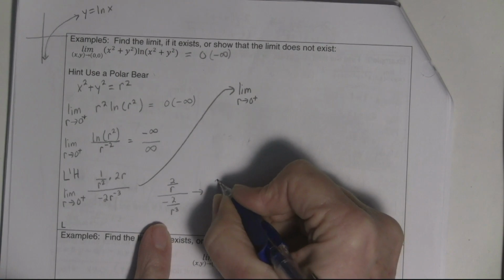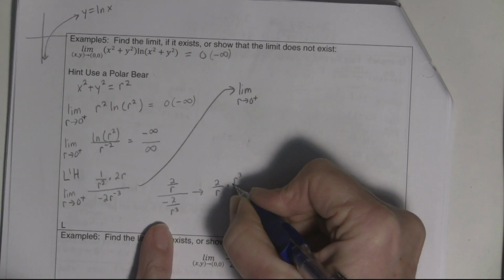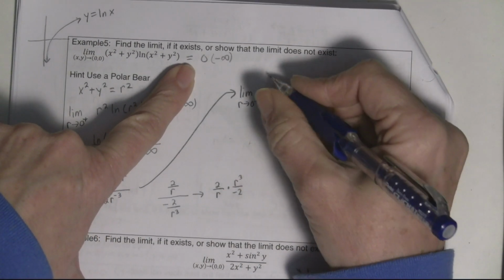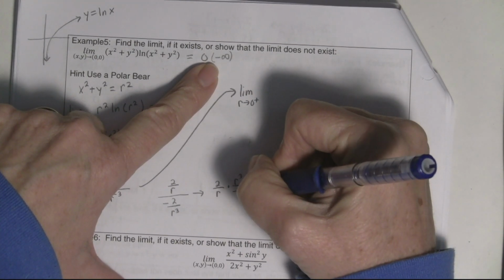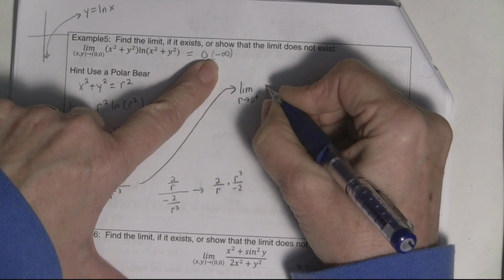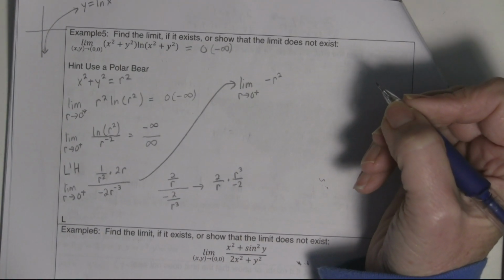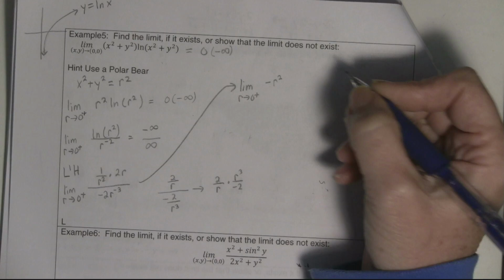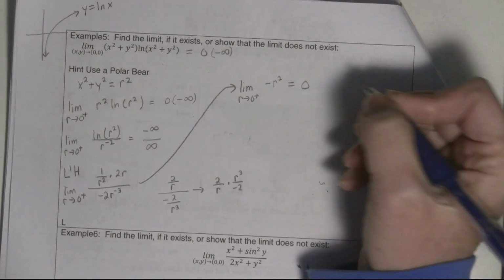So this is 2 over r times r to the third over -2. And just doing a little algebra here, it's going to become negative r to the second, I think. That's what I think it's going to become. What do you think it's going to become? And then when you go to 0, we're going to get 0.